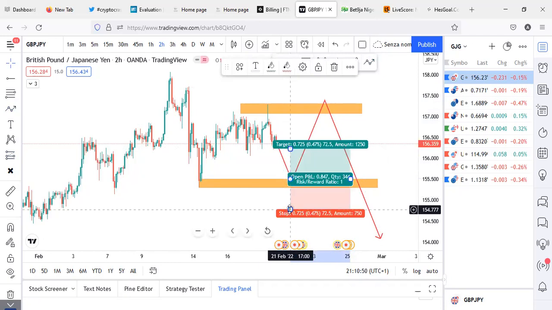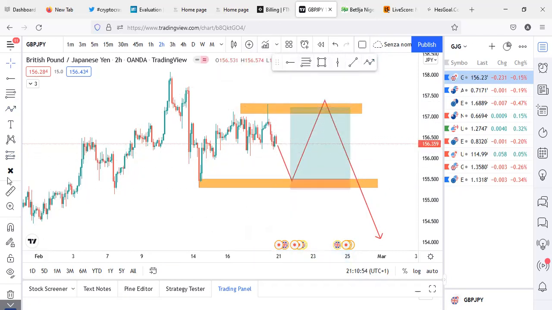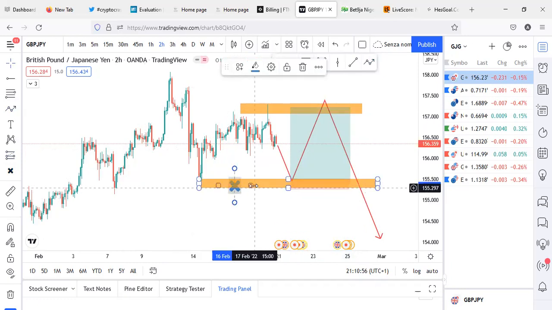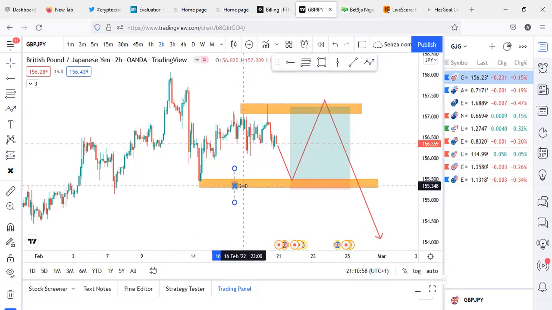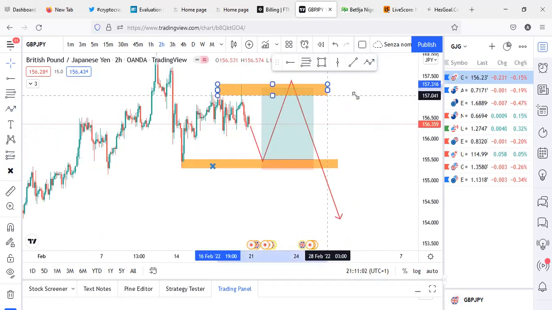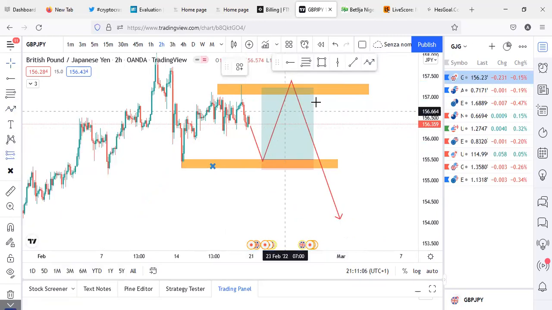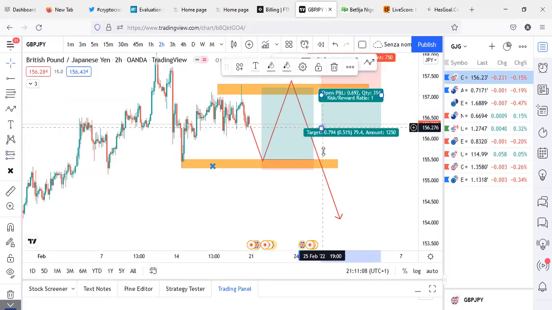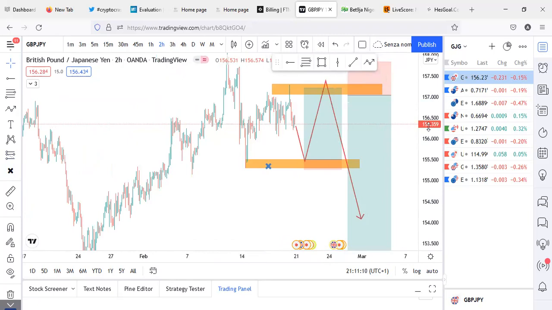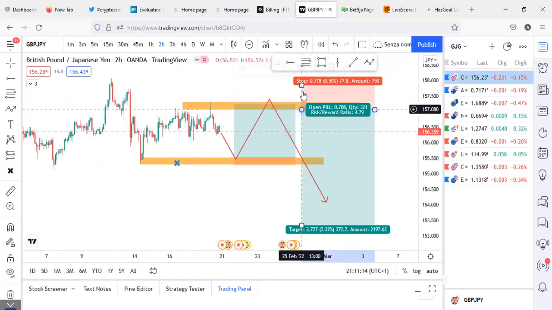It's going to go up, then it will create liquidity here. Then after creating liquidity, it's going to continue the long term sell. So either way, I think.